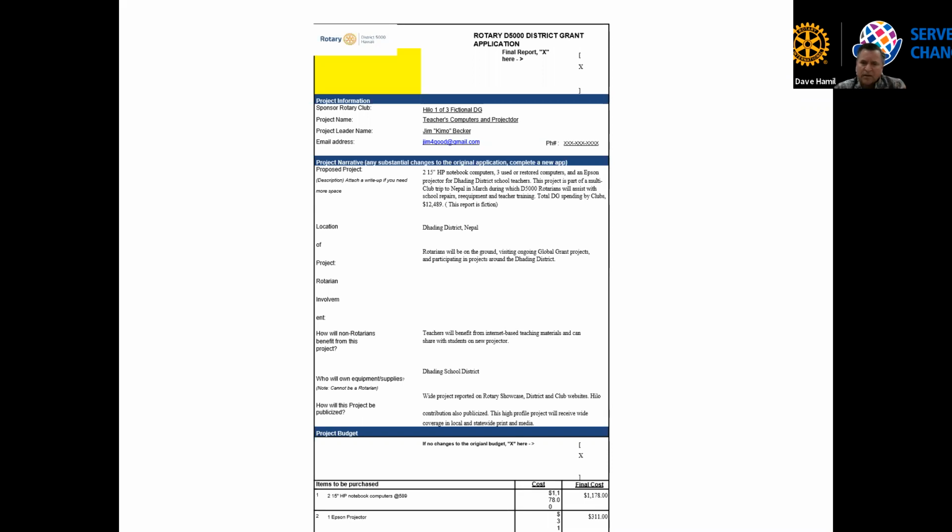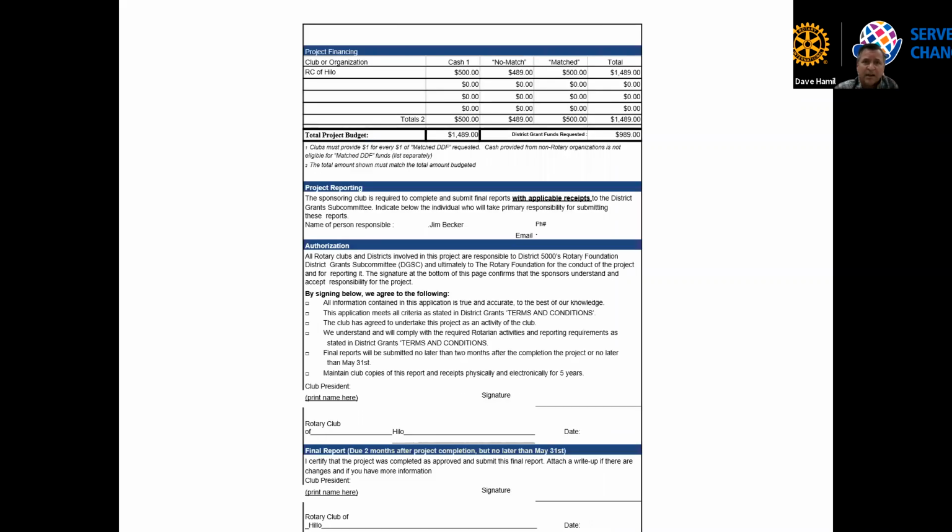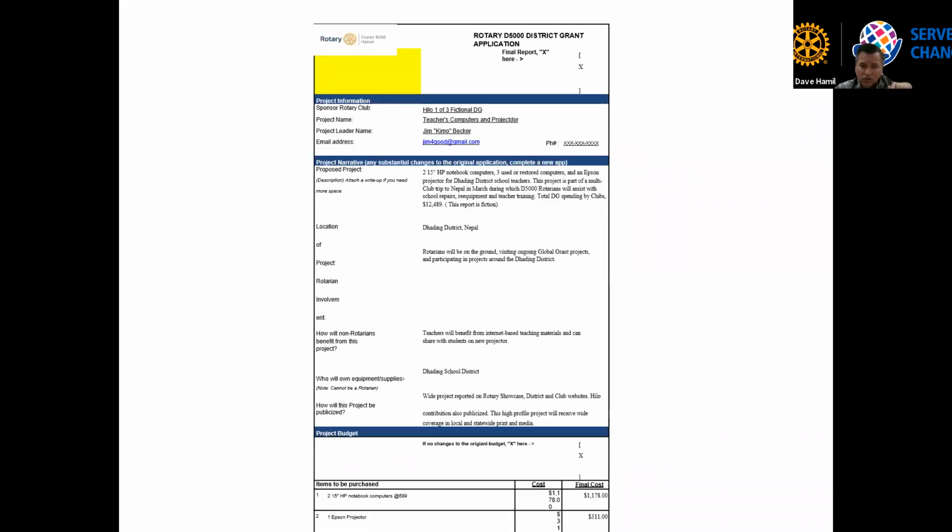After you've written the grant and had it approved, you're going to keep that form and use it as the final report. There's a box here somewhere. I don't know that it showed up properly on this, but it is the exact same form. And so you would complete this form showing how the funds were used.